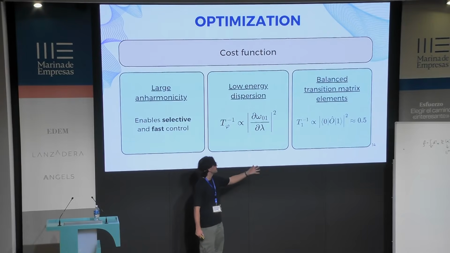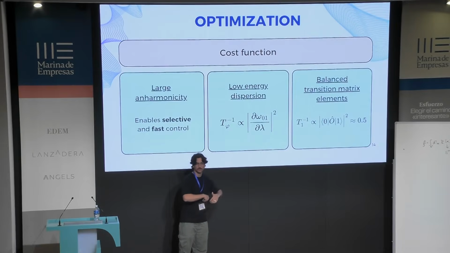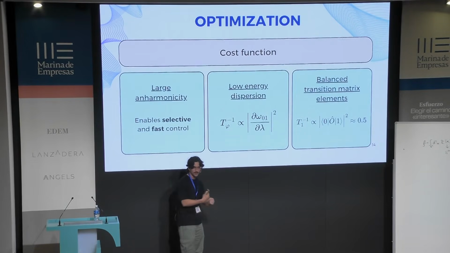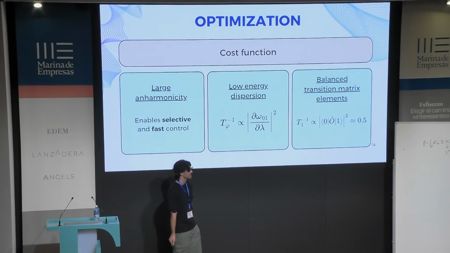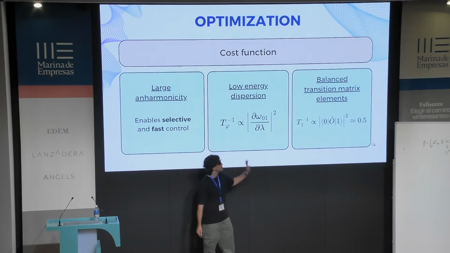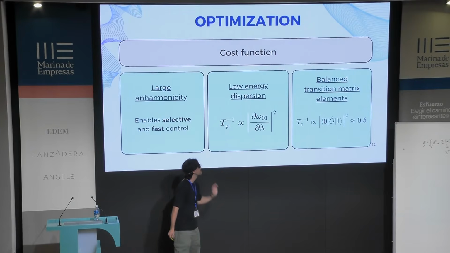We have to search for a balance between protection and controllability, because if our qubit is completely inert to the environment, we are not able to make changes in it, right? So we are looking for something about 0.5 of the transition matrix element.